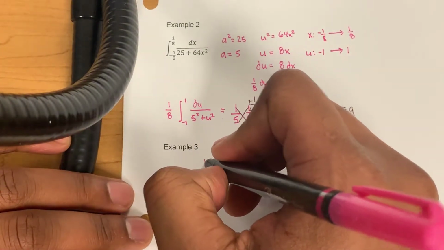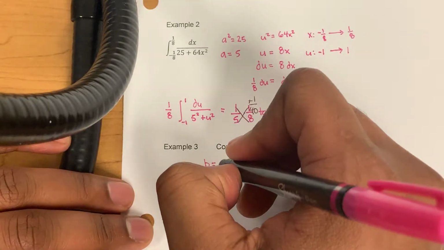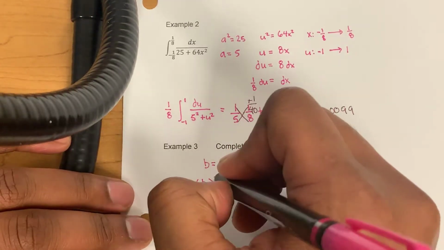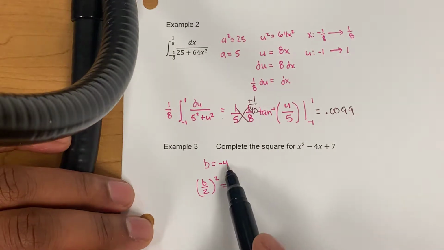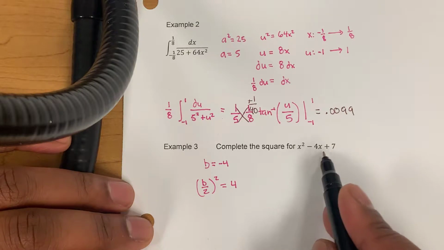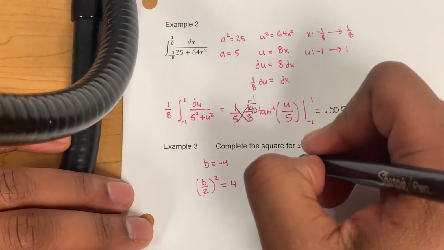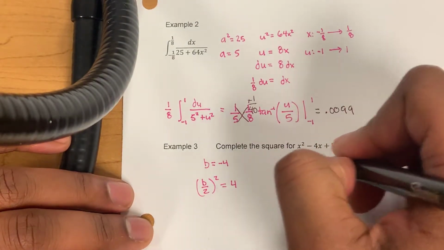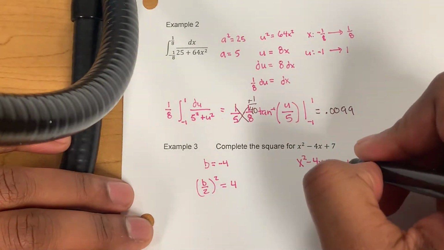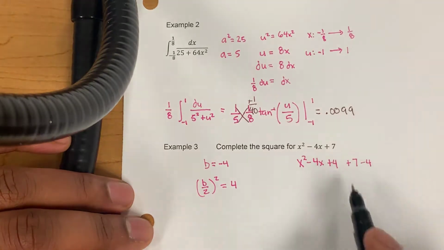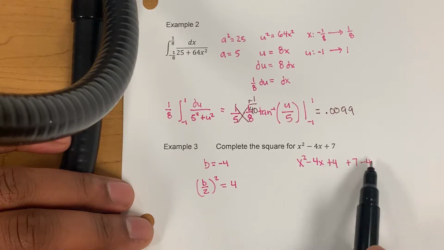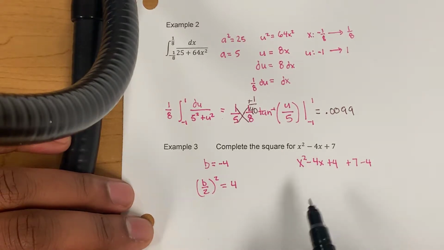So b is equal to -4. B over 2 squared is going to be, half of -4 is -2, and squared is going to be +4. So we add and subtract that to this expression. So we're going to have x squared minus 4x plus 4, but since we added 4 here, we also need to have +7 minus 4. So this expression really still is x squared minus 4x plus 7 because these two cancel out.